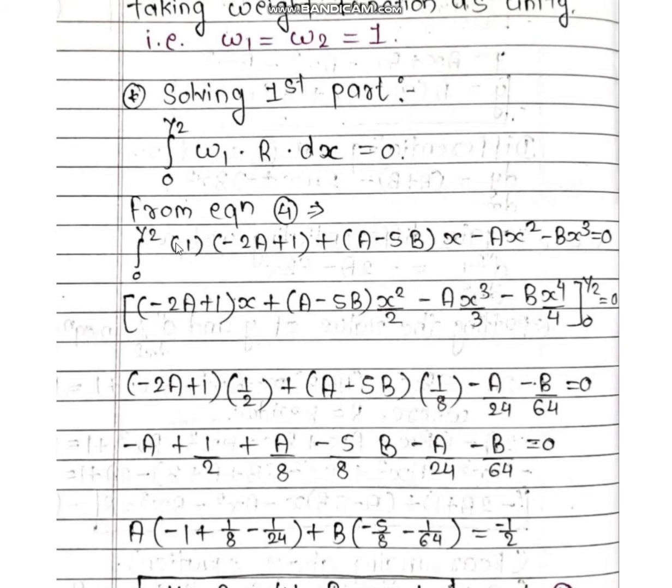So here we have integrated over the domain 0 to 1 by 2, that is the integration limits of the first part. Then we write the 1, that is the weight function, and then the residue from equation number 4, and equate it to 0. We multiply 1 by all these terms, so it will create no effect. So now we have to integrate this equation.